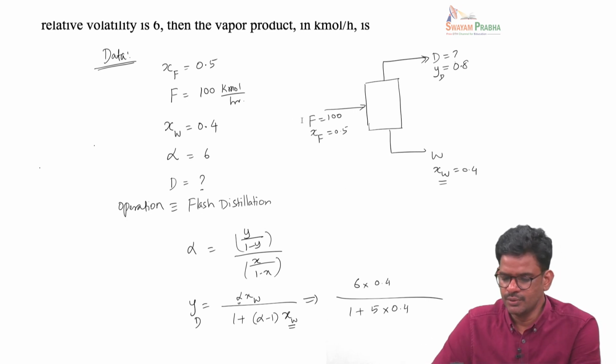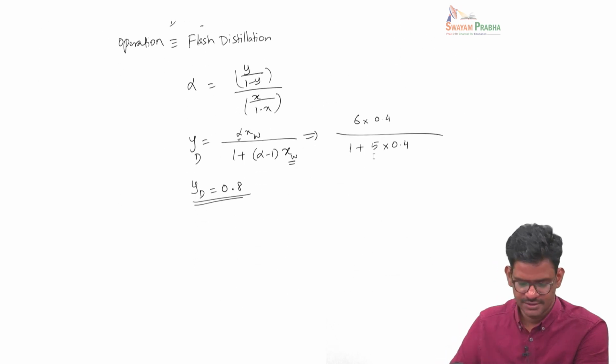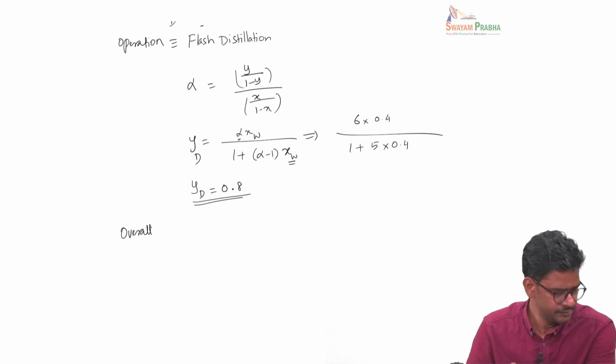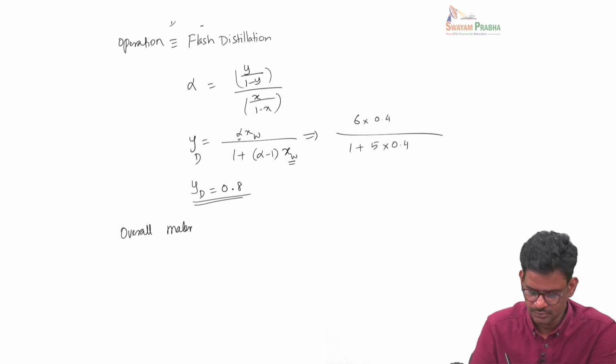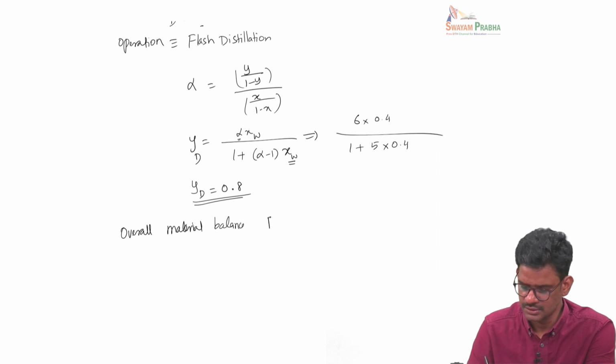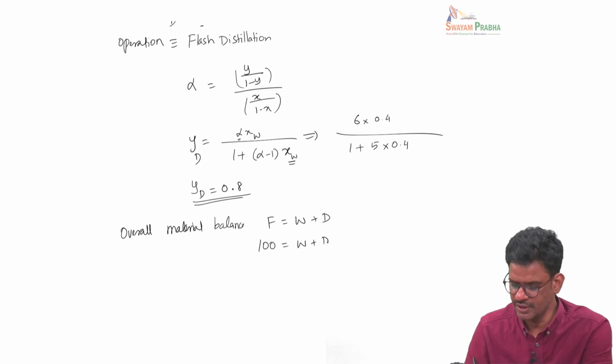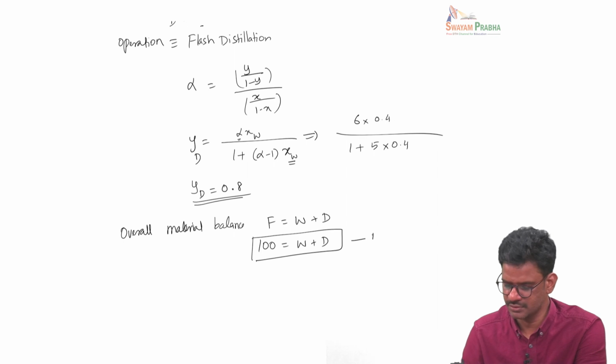So now what we can do is an overall material balance. So F is equal to W plus D, and we know that F is 100, W and D we do not know, we will keep it like this. So this is equation 1.